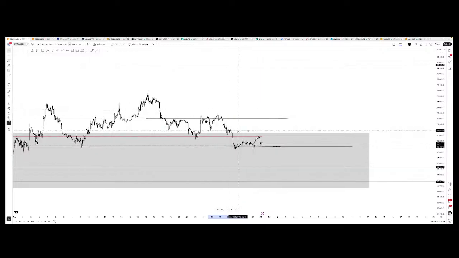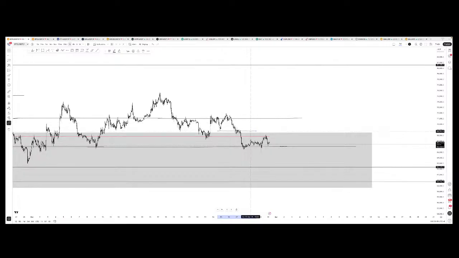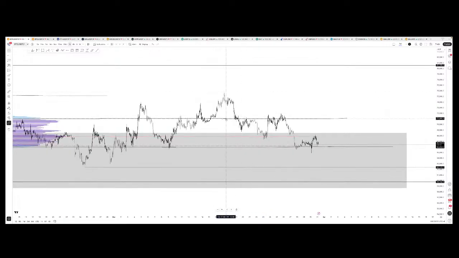Currently the question is, are we gonna expand here or are we about to rotate back towards the lows? Do you guys have any input on this? Or are you currently in any trade right now?